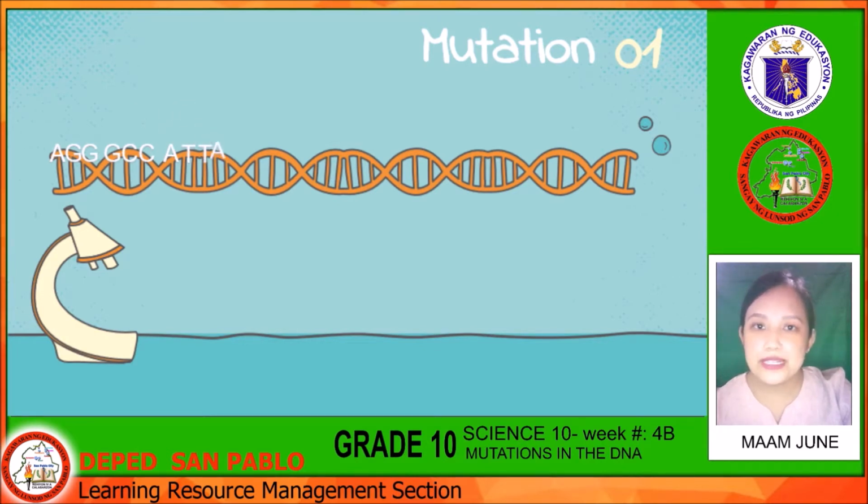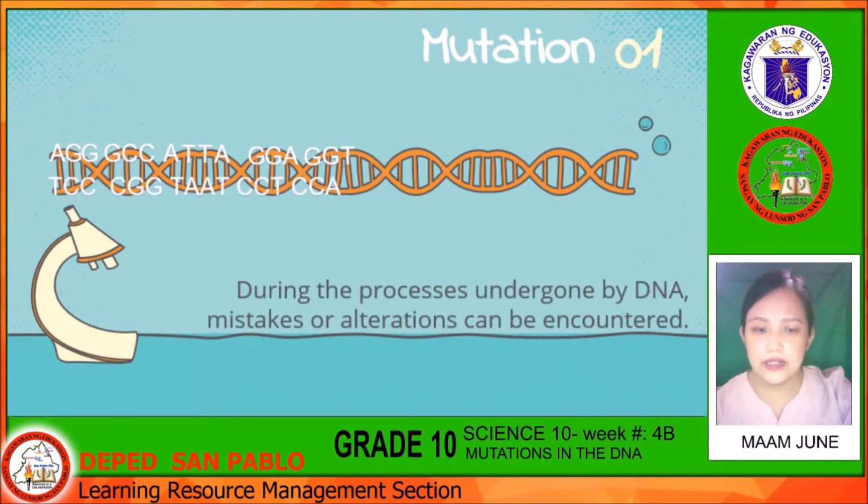Recall from our previous lessons that the DNA undergoes processes such as replication, transcription, and translation to be able to express the traits they are intended to through the process of protein synthesis. However, during these processes, mistakes or alterations can also be encountered.